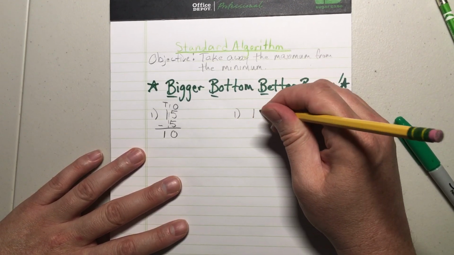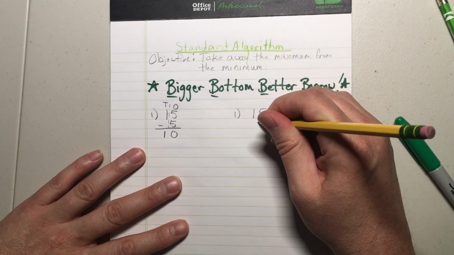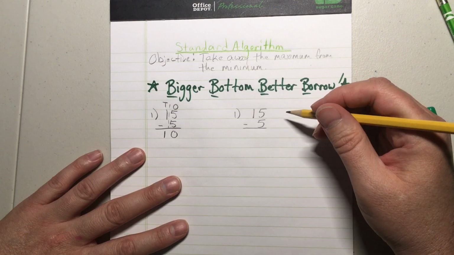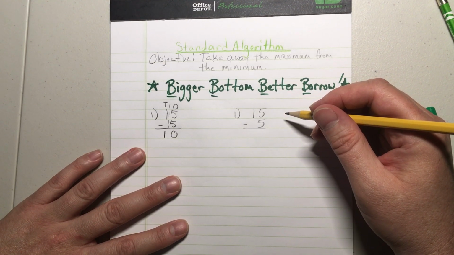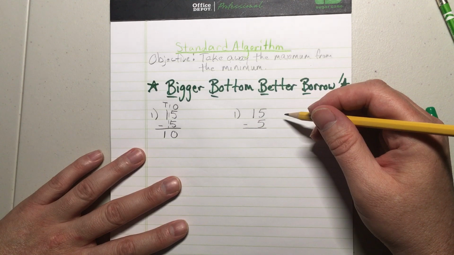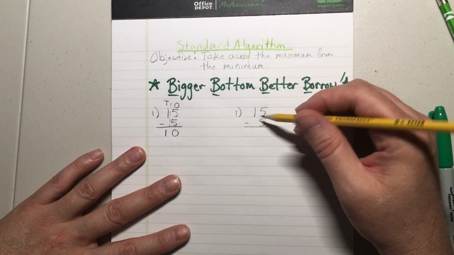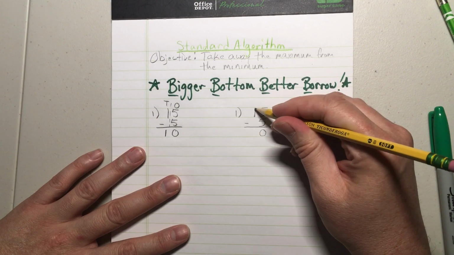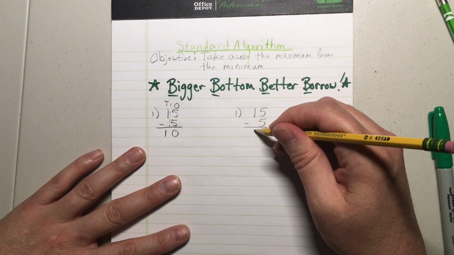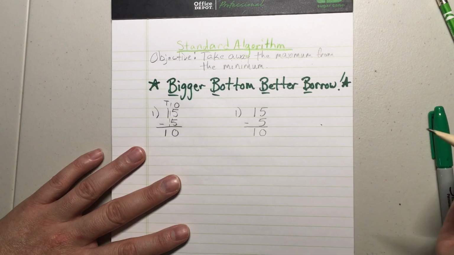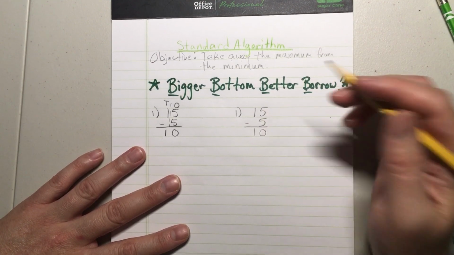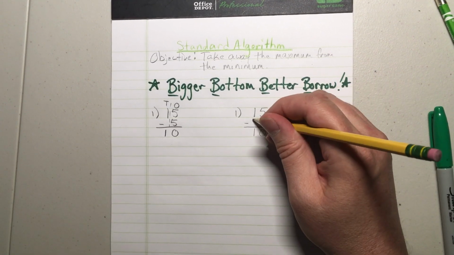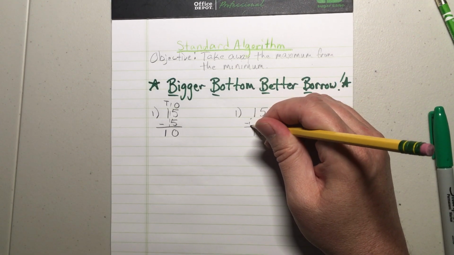What I prefer to do with my students, even with a very simple problem like this, is to have them, not all the time, especially if they're struggling, but to have them actually say the place values. So 5 minus 5 is 0. 10 minus nothing is 10. Or 10 minus 0 is 10. In fact, what I do is I teach my students that 0 doesn't mean nothing.